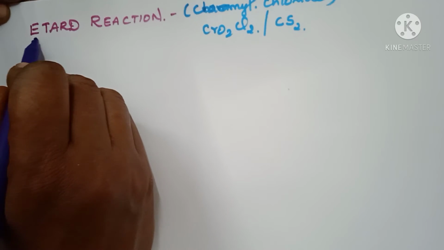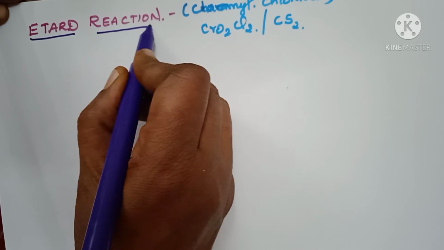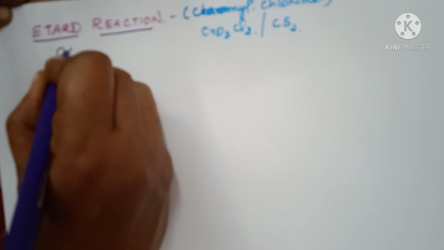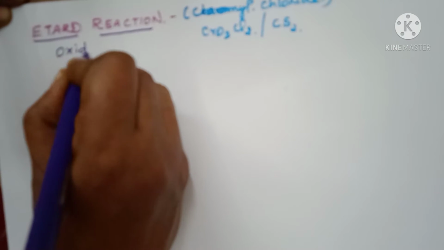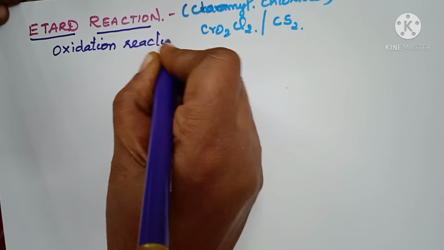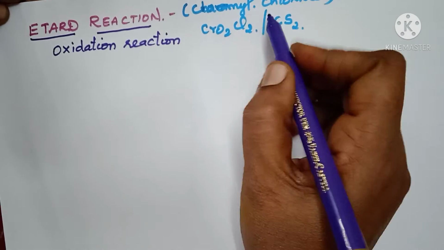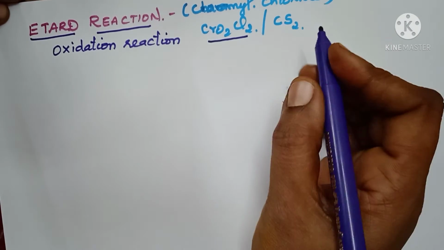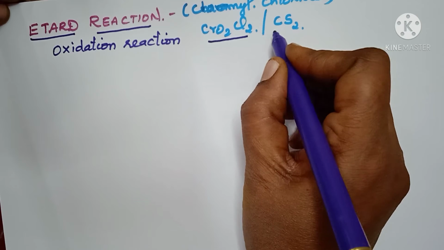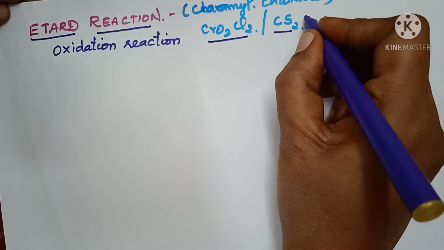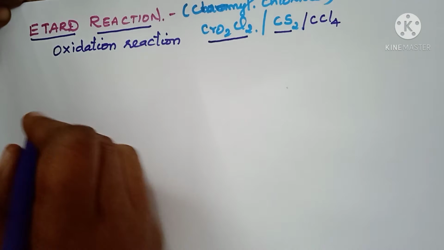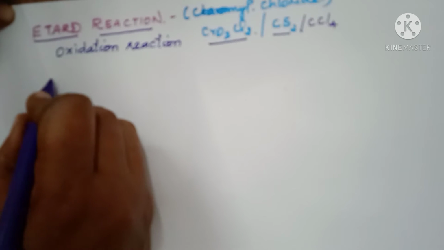Etard reaction. In this reaction, it is actually an oxidation reaction. In this oxidation reaction, chromyl chloride we are taking as an oxidizing agent, in carbon disulfide; carbon tetrachloride also we can use. Now the first reactant, what is it here?